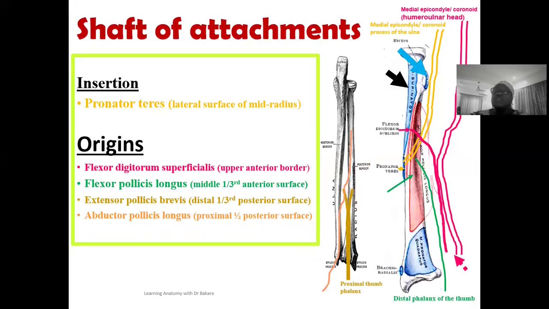You see the fibers of this muscle are finally driven downwards, where they will be inserted on the first metacarpal. So around the anterior surface, we have the flexor digitorum superficialis and also the flexor pollicis longus, where around the posterior region, we have the extensor pollicis brevis and also the abductor pollicis longus. So it is important that we are able to describe the specific regions where these muscles are attached, either taking their points of origin from these spaces or their points of insertion.